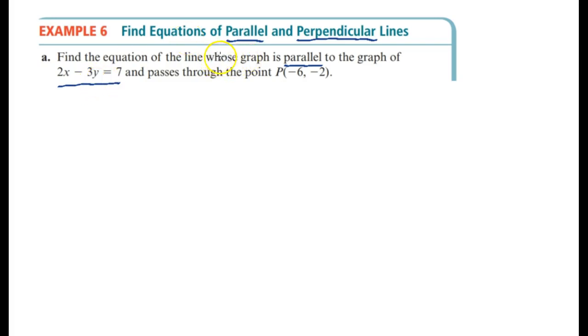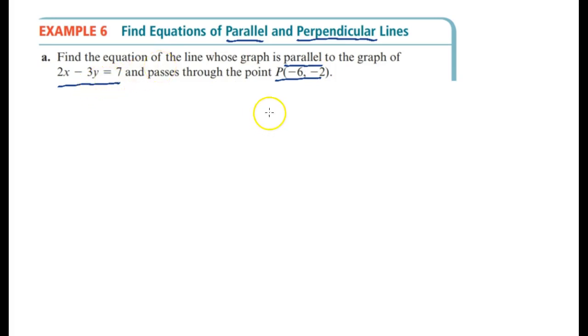Then we also know that the line we're trying to find passes through (-6, -2). And we can determine the slope of our line by determining the slope of this line.